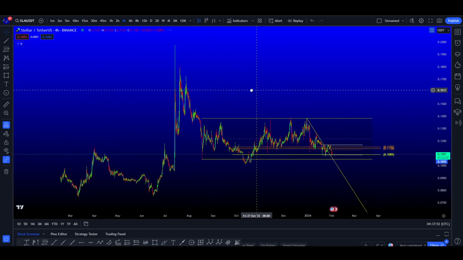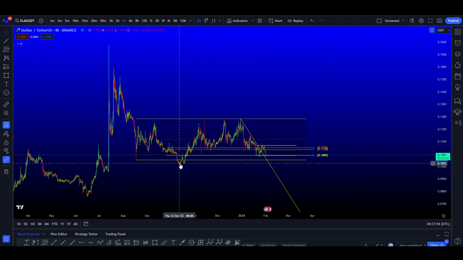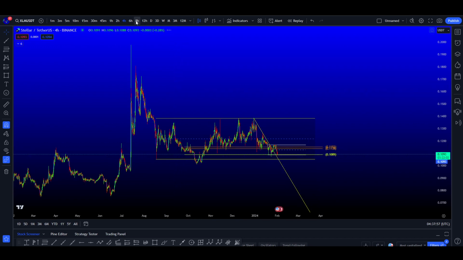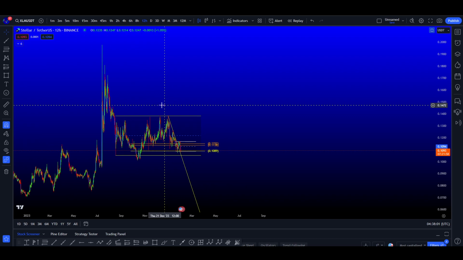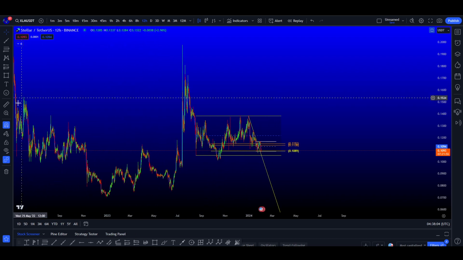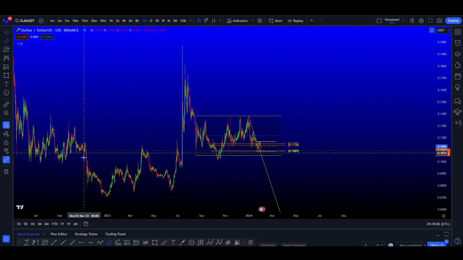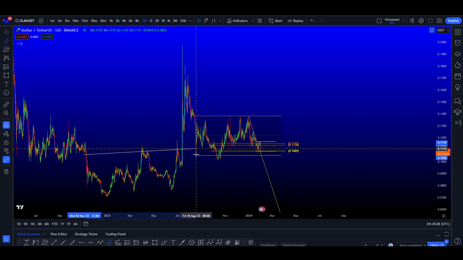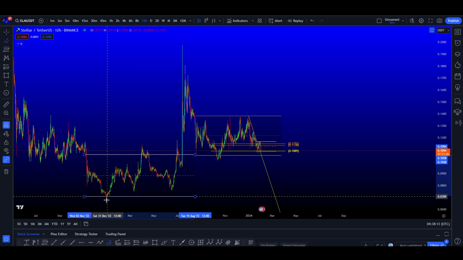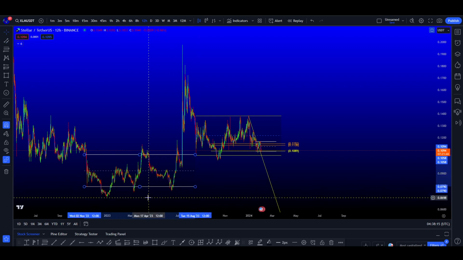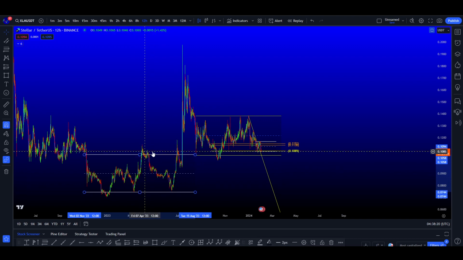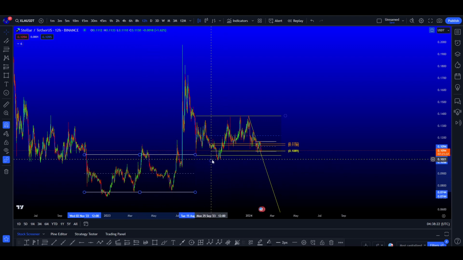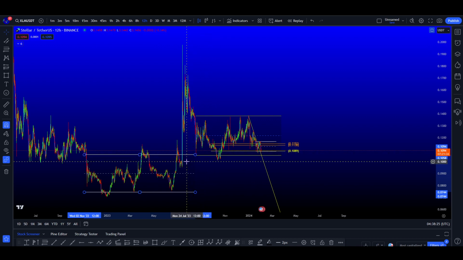And when you go out, you can see this is clearly just a massive accumulation phase, right? If we zoom out just a little bit more, you can see that it had one of those accumulation phases right here, right? Which, as you can see, lines up almost exact. The top of this parallel channel lines up almost exact with the bottom of this parallel channel.